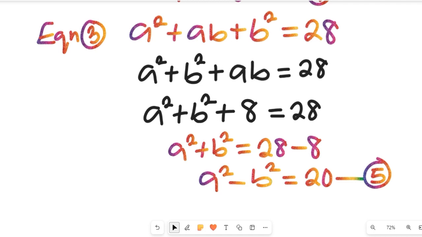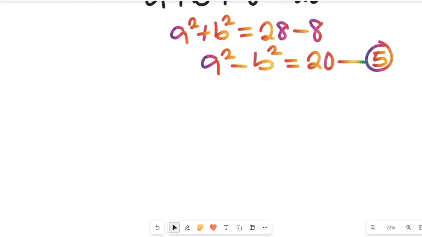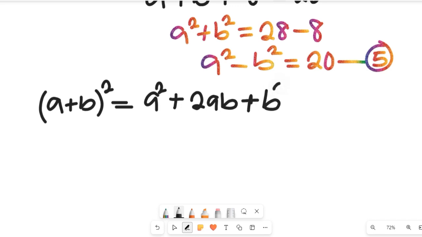Now let's recall this expansion. If we have a plus b all squared, just as we did in the other one, if we expand this, we're going to have a squared plus 2ab plus b squared, right?